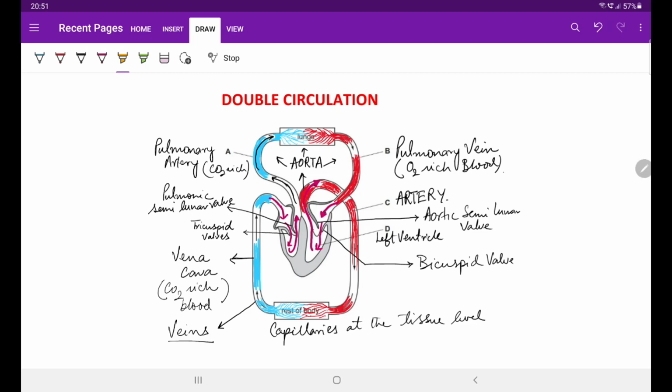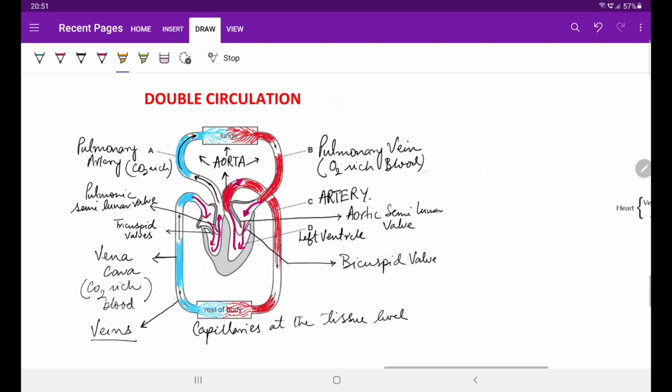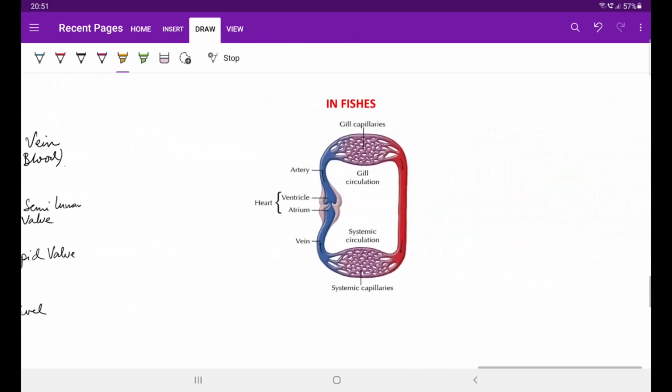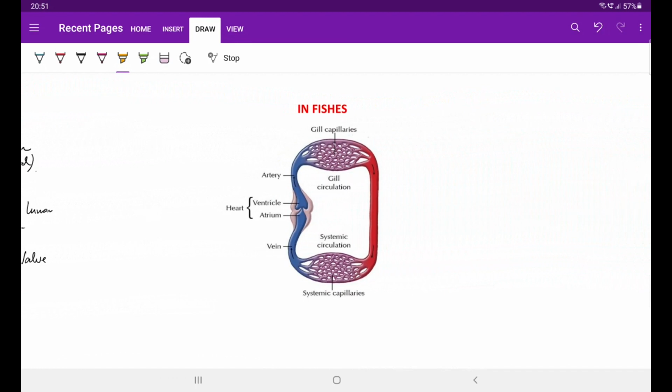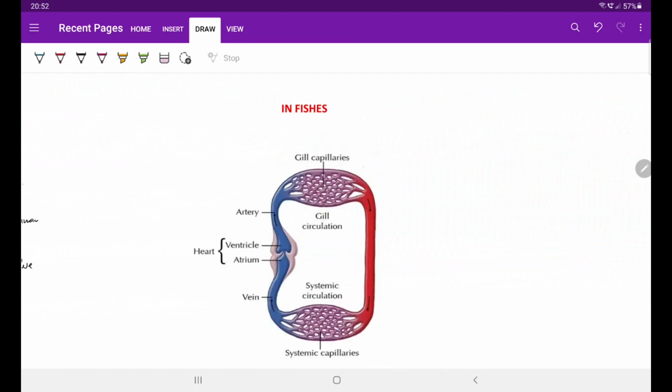To give an idea of what happens in other animals, let me take you to the circulation that takes place in fishes. In fishes, as we know, they don't have lungs, so gills are present which help in the oxygenation purpose. The heart is only 2 chambered, having only 1 ventricle and 1 atrium.